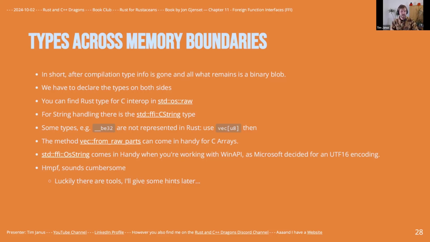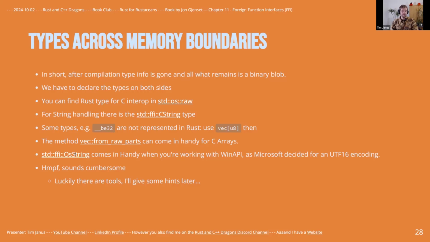But there are some types that are very special. In the book, there was this BE32 mentioned, and then it makes sense to just represent it as a vector, for example, to just use the memory. When you use these standard containers, they often have unsafe functions like from_raw_parts.